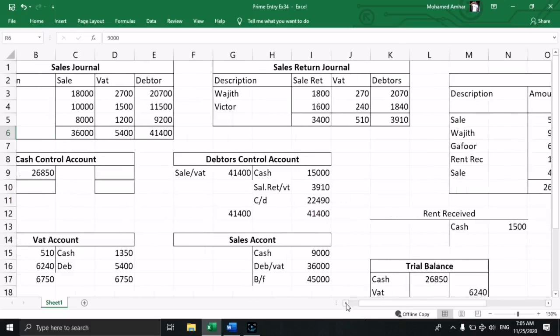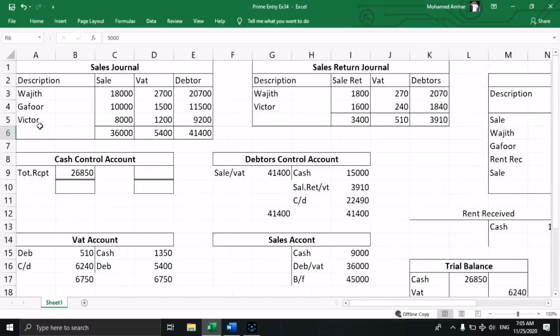Already, see, we have sold for 8,000. So 20% of 8,000 is 1,600, and 20% of 1,200 is 240. 20% of the debtor is 1,840. Right.